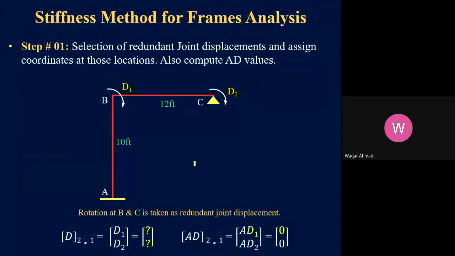Now I go to the second point, which is J2, and I observe whether there is any external moment acting at this point. No, there is none. It means that the AD2 value is also 0. So the AD matrix becomes 0 because there is no external moment. In other words, there is no external action corresponding to our specified displacements D1 and D2.